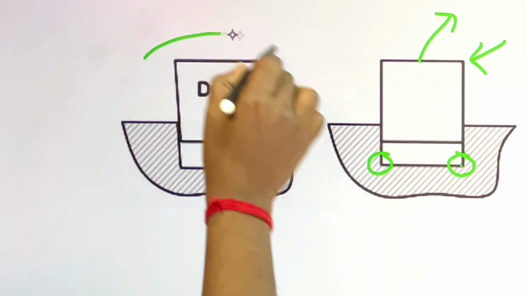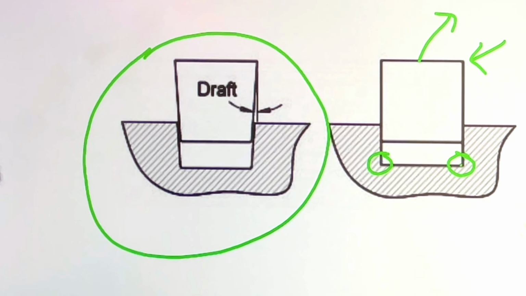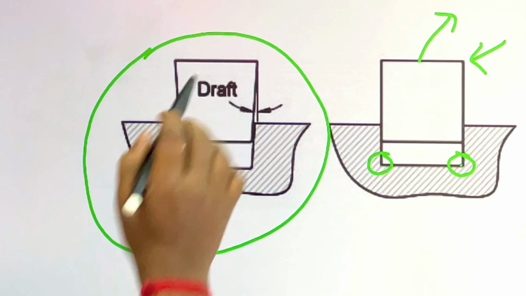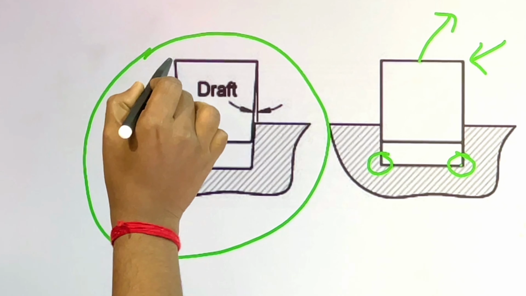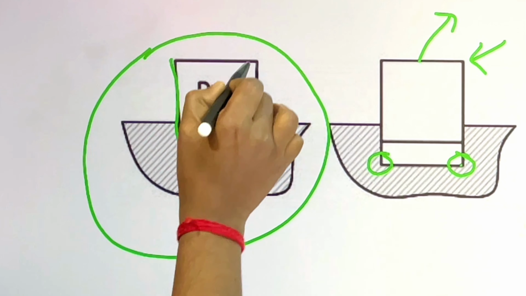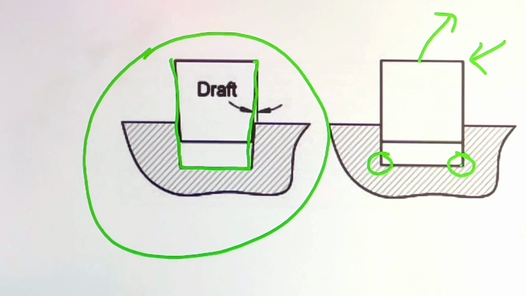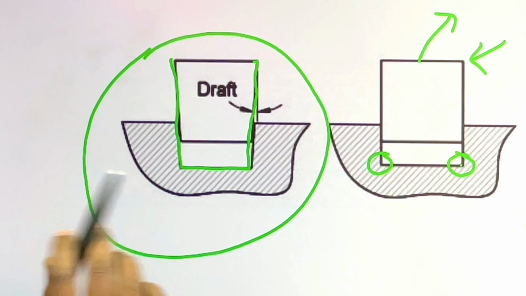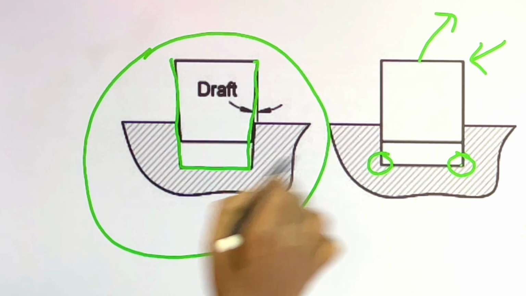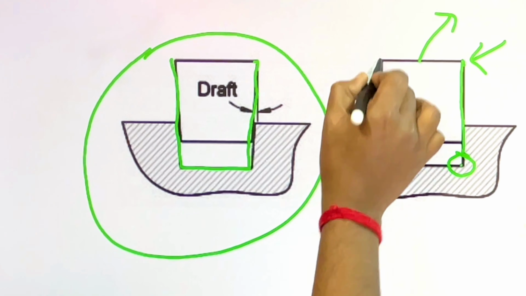In this figure, this is the added draft allowance. So this is the pattern and draft allowance is added. We can see that these are slightly tapered surfaces of the pattern. So these are the sharp edges, but the surfaces are not vertical. These edges are vertical.